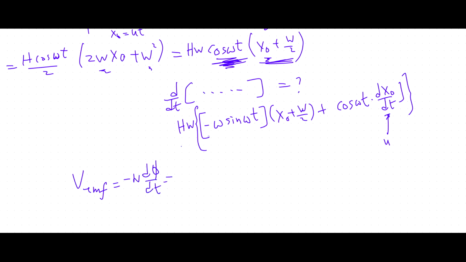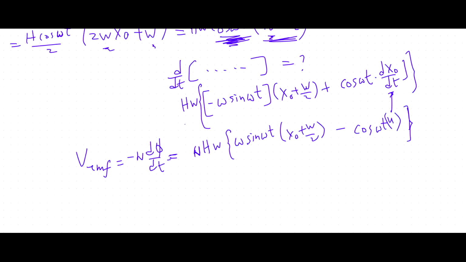So n times hw, and then I'm going to say omega sine omega t, x naught plus w over 2, minus cosine omega t times u. We okay? That is the EMF. That's the voltage.